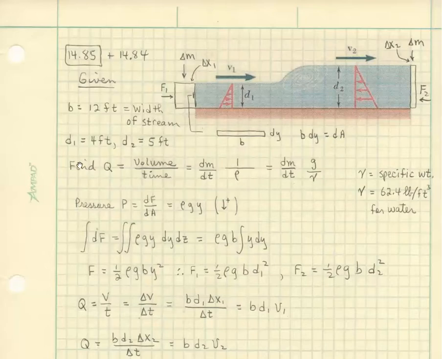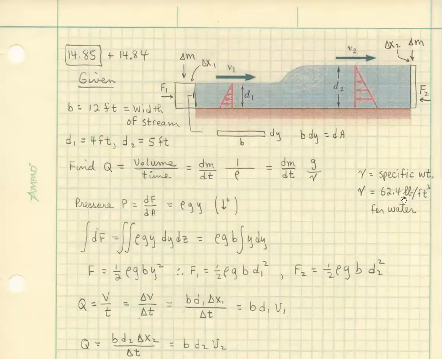We're to find Q. Q is a volume flow rate. It's a volume per unit of time, which technically is the mass per unit of time divided by the density, being mass per unit volume. The masses would cancel out and you'd end up with volume per unit time. And the density can be expressed as the specific weight divided by g, because specific weight is for water 62.4 pounds per foot cubed.